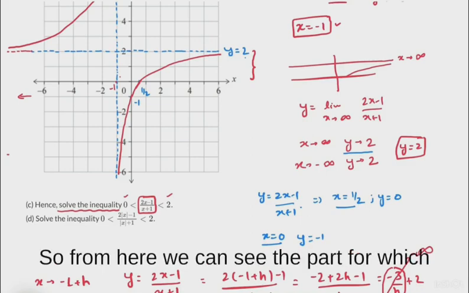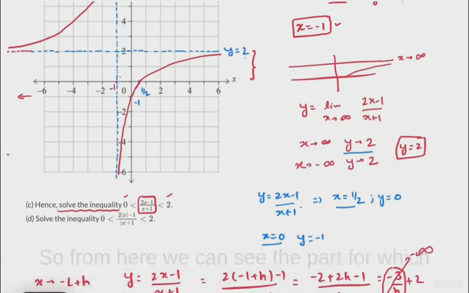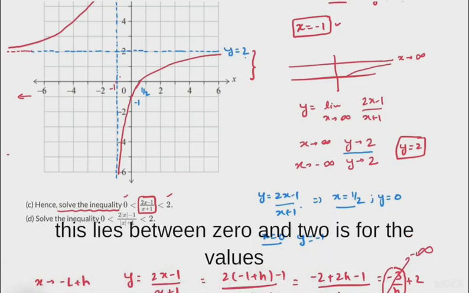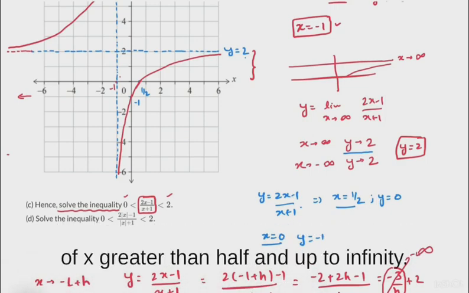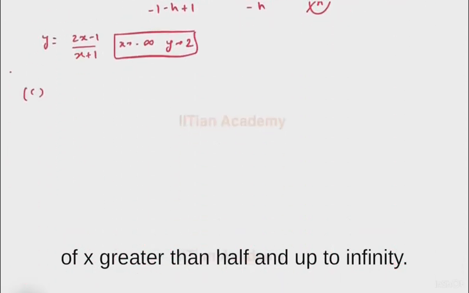So from here we can see the part for which this lies between 0 and 2 is for the values of x greater than half and up to infinity.